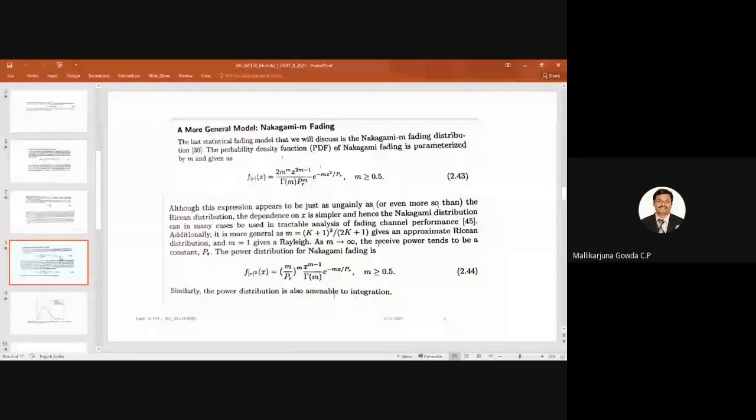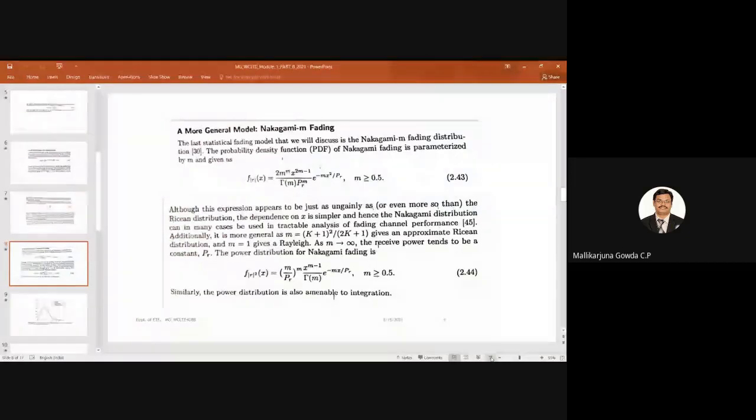Then the third one, Nakagami-m fading. It is a general model. Here is the distribution function, that is, how the amplitude is distributed for Nakagami.